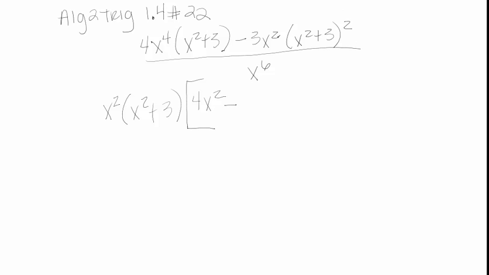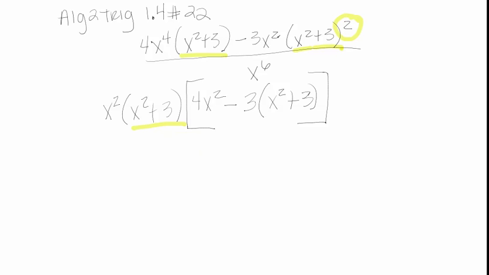The x squared plus 3 we factored out, right? So we don't write that by the 4x squared, and then we have 3, and we do put the x squared plus 3 in our second term because of this squared symbol right there. So there's 2 of these in my second term, and I only factored out 1.